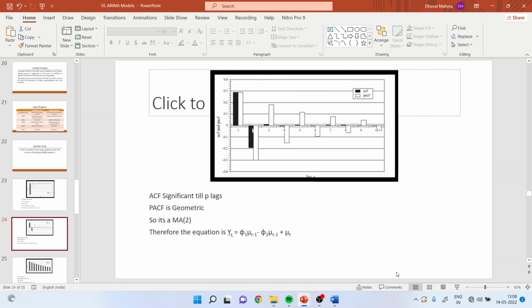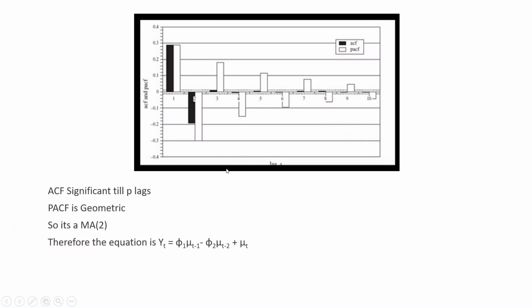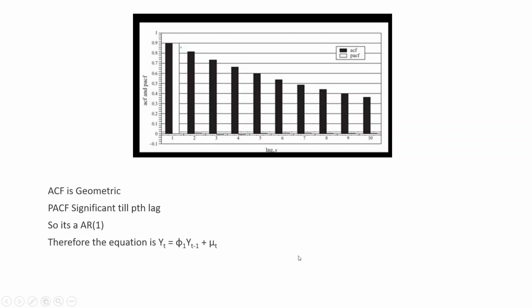So when we talk about this graph, it's an MA2 process. So Yt is equal to phi1 ut minus 1 minus phi2 ut minus 2 plus ut. Why is it minus? Because the second lag is negative.